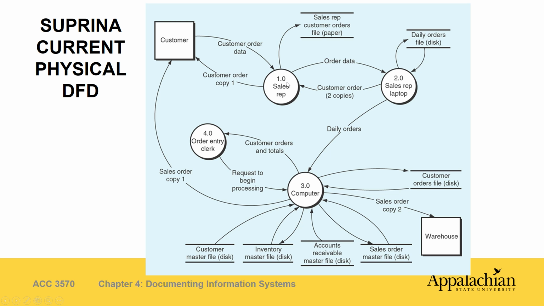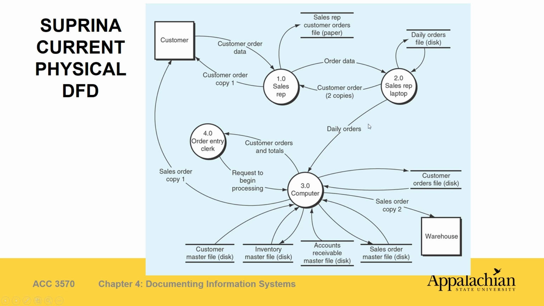And remember in this example, the sales rep has a laptop that is not connected to the company's main computer. So the sales rep does a batch upload to the computer at the office. So you can see here the order data is inputted in the sales rep laptop. Customer orders 2 copies.